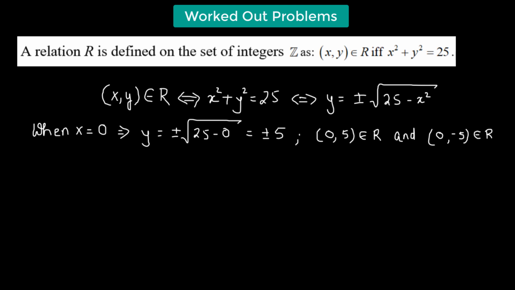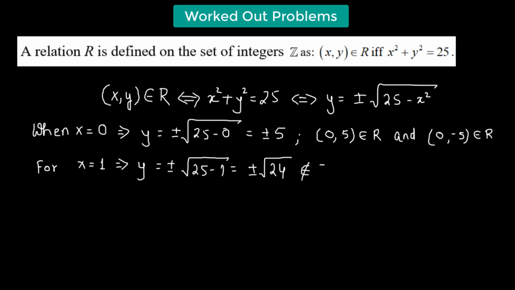Now we consider x equals 1. So for x equals 1, we get y is equal to plus or minus the square root of 25 minus 1. So that gives us a square root of 24, plus or minus square root of 24. But 24 is not a perfect square. So that means this value is not going to be an integer.